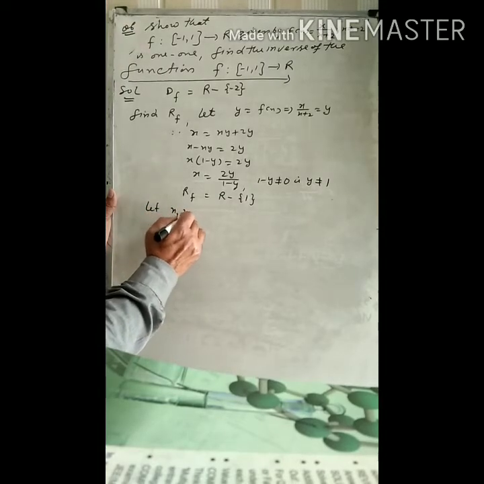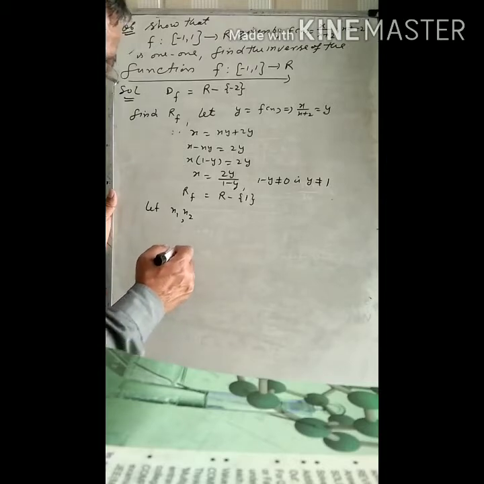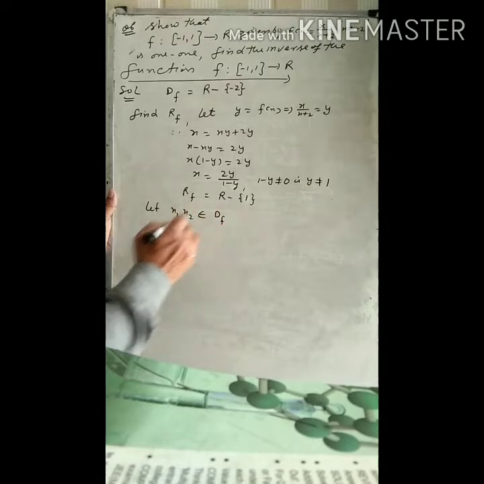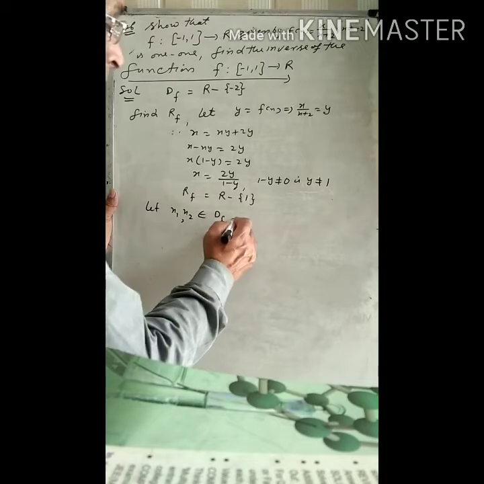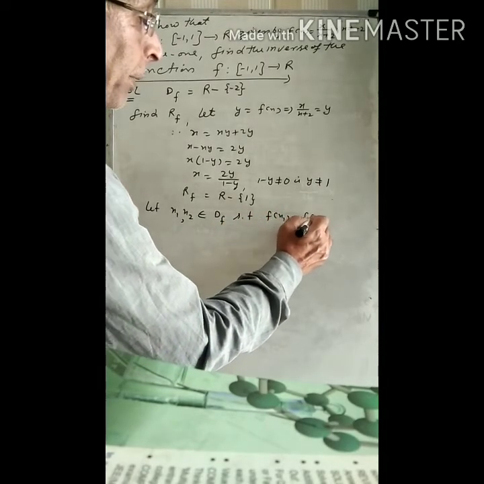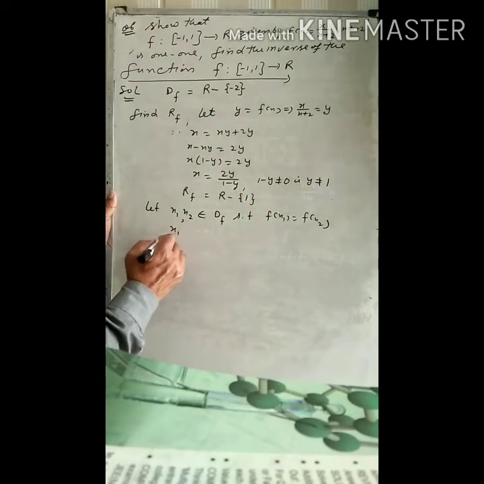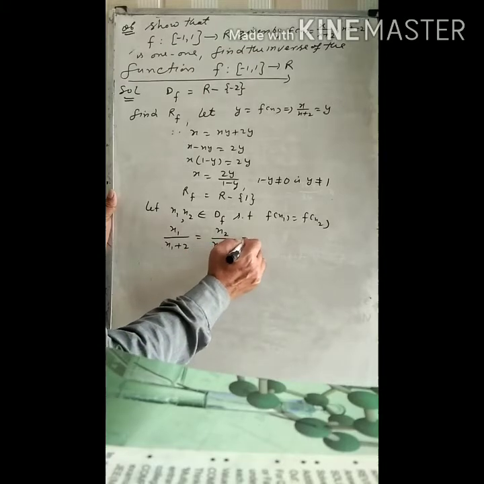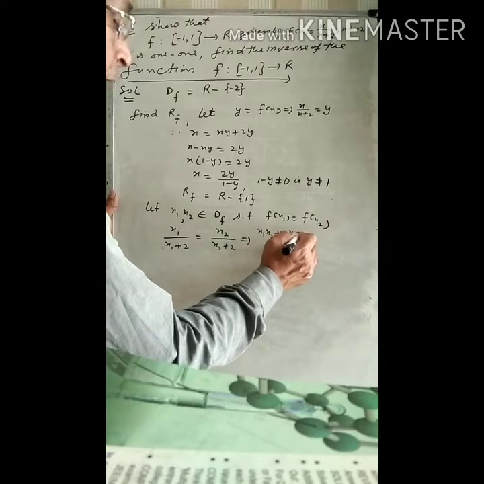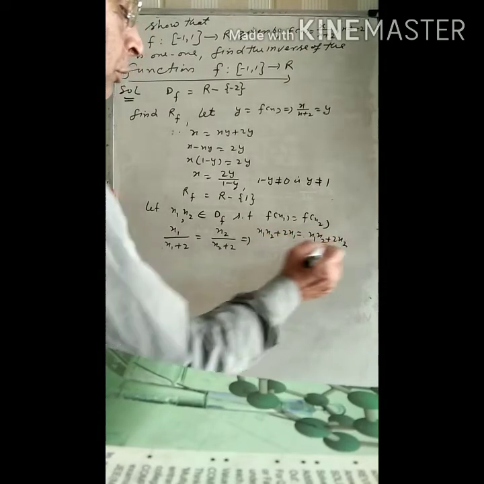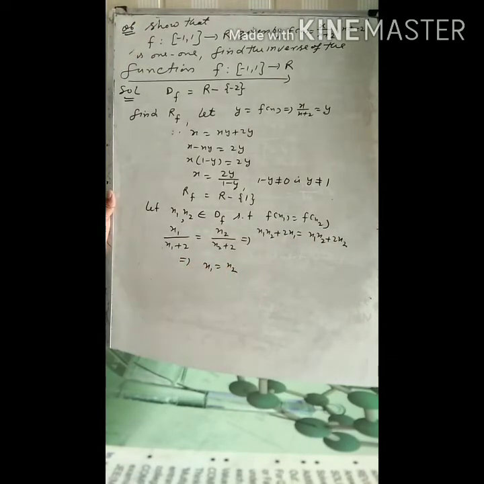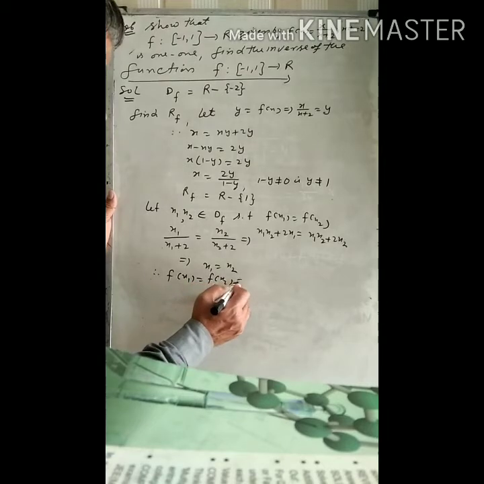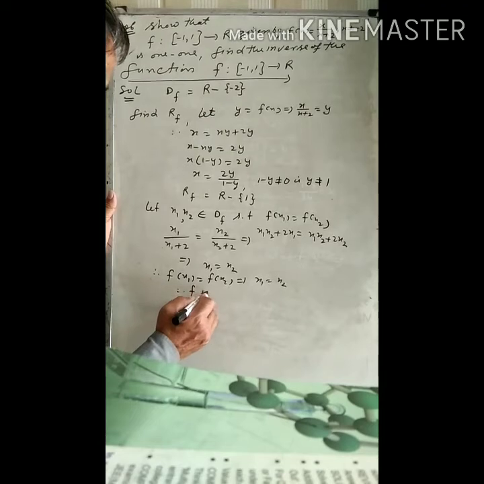Let x1, x2 belong to domain of f such that f of x1 is equal to f of x2, तो x1 upon x1 plus 2 is equal to x2 upon x2 plus 2, this implies x1 times (x2 plus 2) is equal to x2 times (x1 plus 2), this implies x1 is equal to x2. x1x2 cancel, 2 से 2 cancel, that is x1 is equal to x2, और therefore f of x1 is equal to f of x2, this implies x1 is equal to x2, therefore f is 1-1.